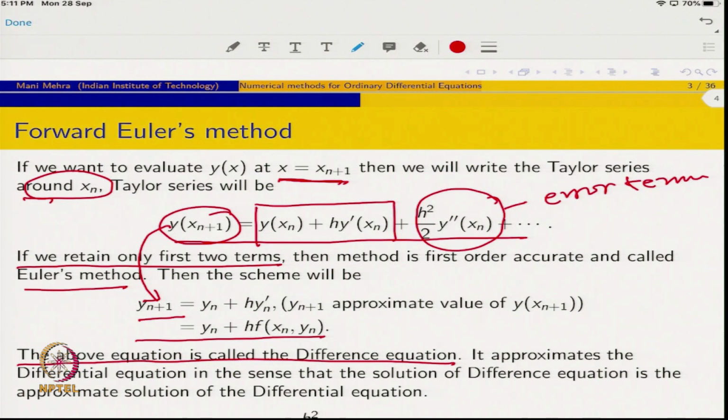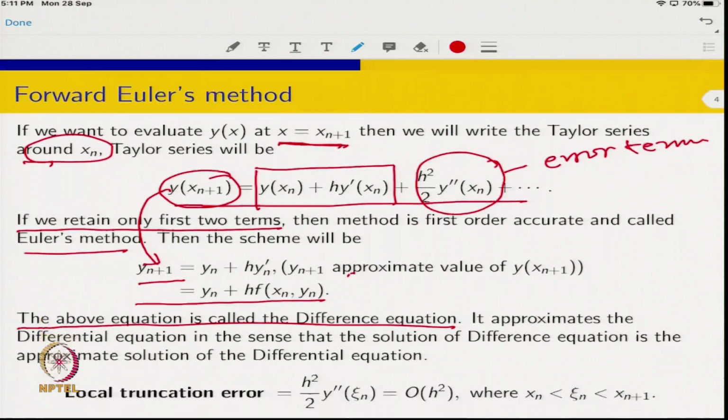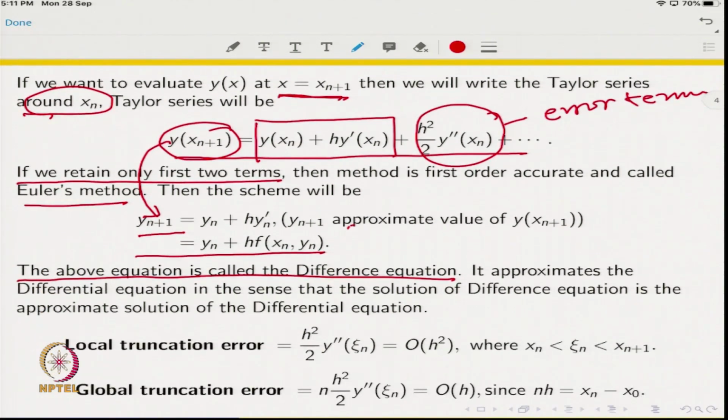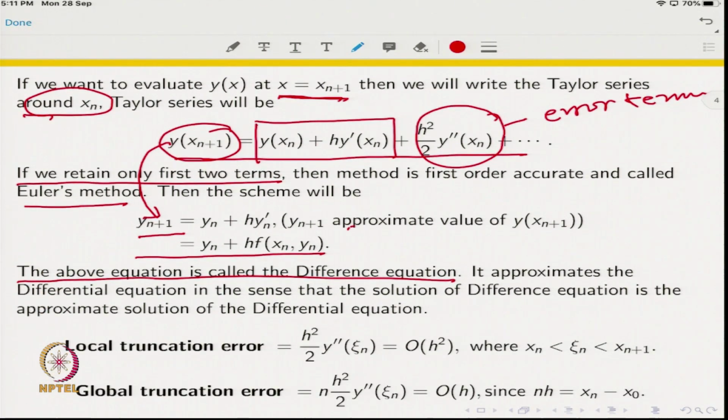Here we have kept only the initial two terms, this and this, and we have neglected this term. After neglecting this term, we come to this step, which is a difference equation. That is the whole point behind the forward Euler method. So, what is the local truncation error?